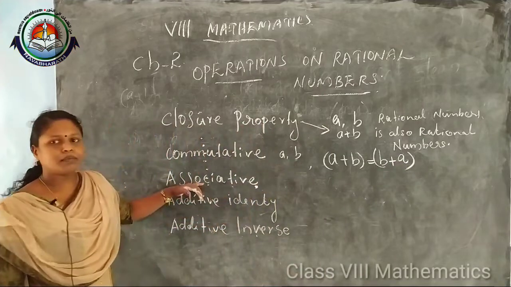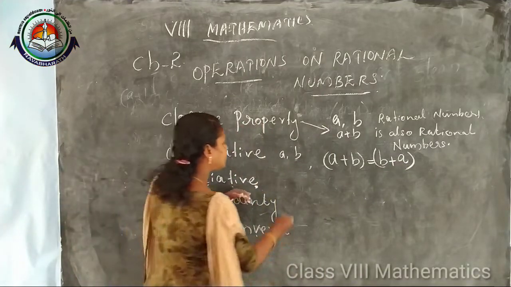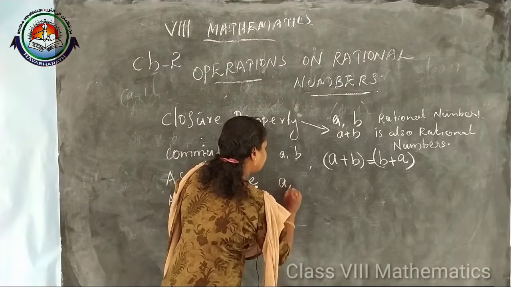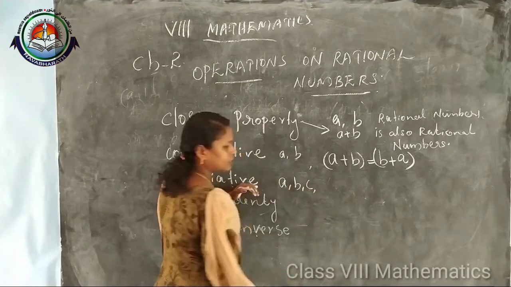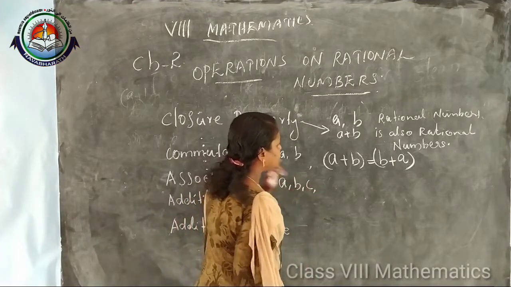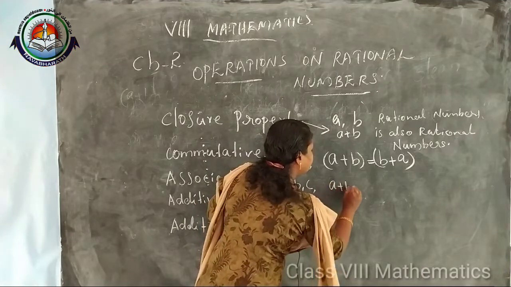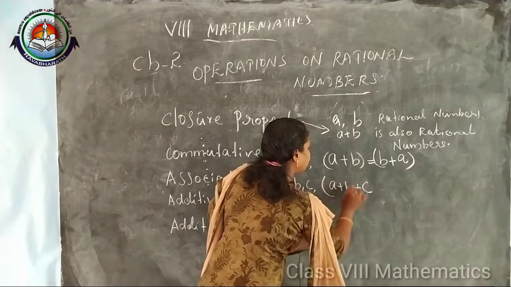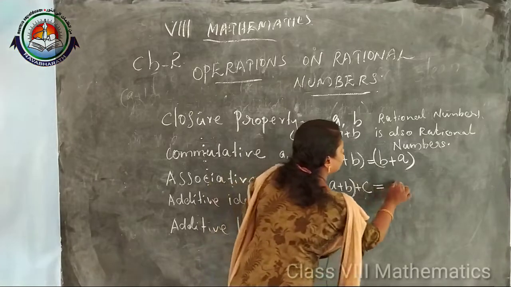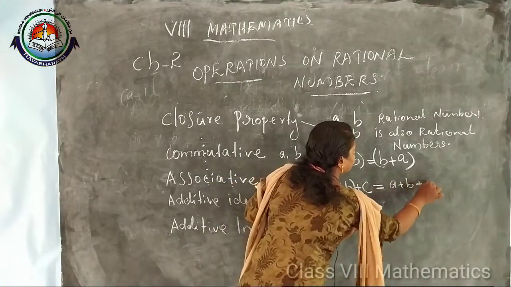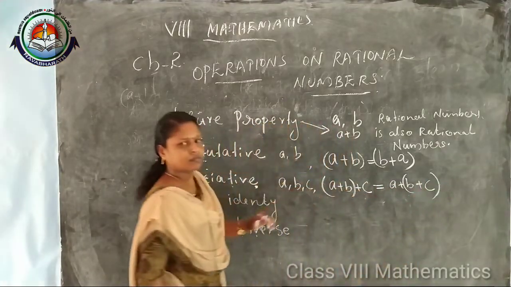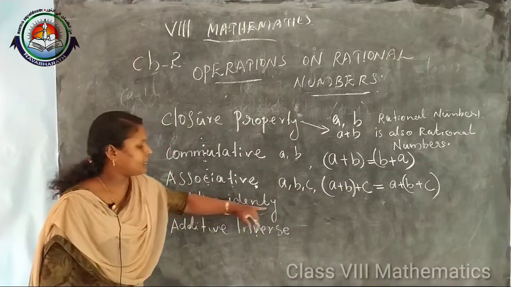And the third property is associative property. Here we need three rational numbers, A, B and C. Then (A + B) + C is equal to A + (B + C). Okay. Then additive identity.